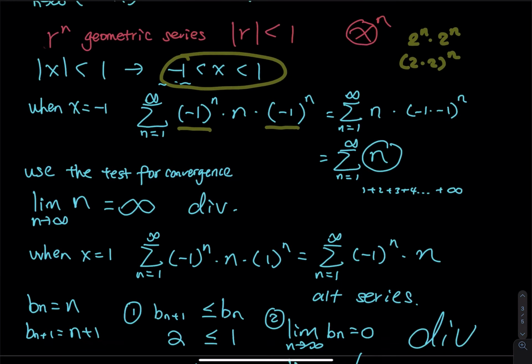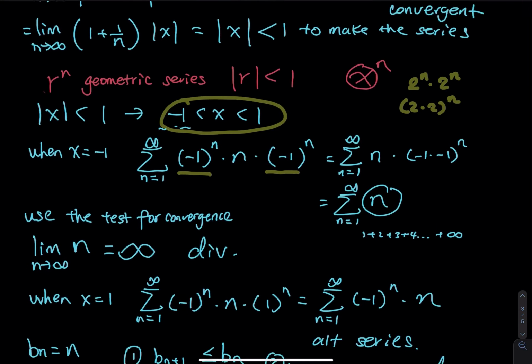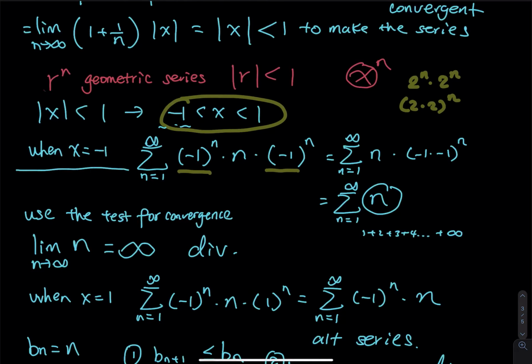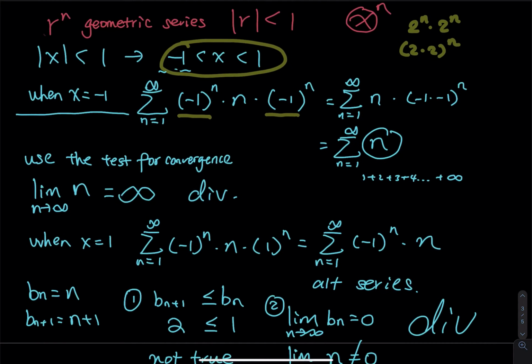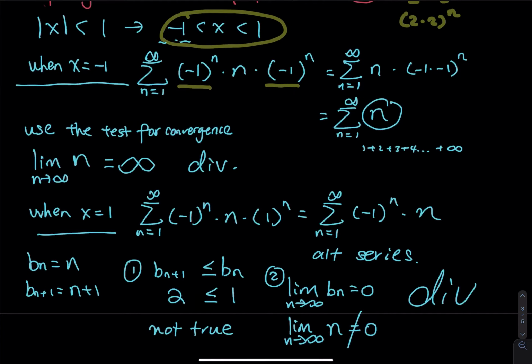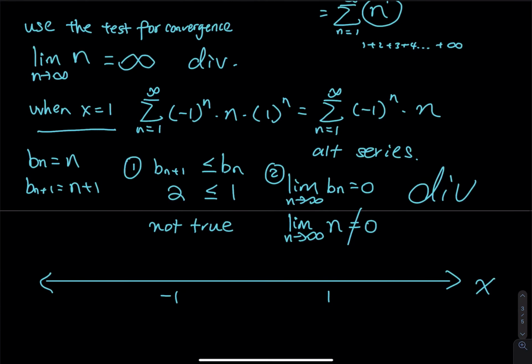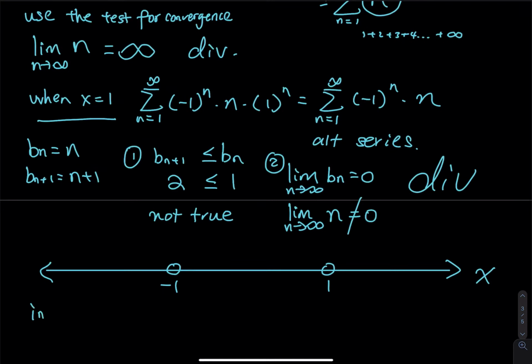The first one that we just tested, the answer is no. When x is equal to negative 1, we have a divergence, right? When x is equal to positive 1, we also have a divergence. So this is an open circle, and then this is an open circle. So that means we say that the interval of convergence is right here.